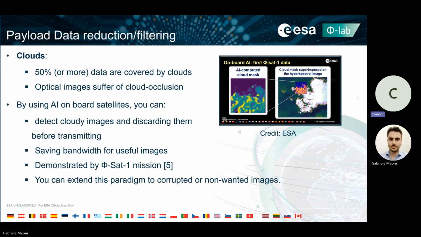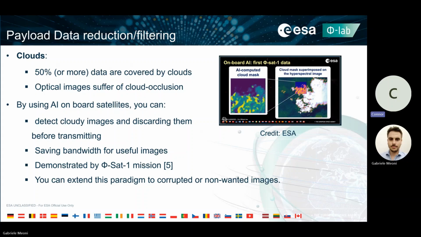For instance, if you consider that when you have optical imagery, more than 50% of data is covered by clouds, you can easily understand that if you detect clouds on board and then discard the cloud-covered image, you can save at least half of the bandwidth that you have. And this has been done, at least a demonstration of using AI on board to do that has been done as part of the FISAT-1 mission.